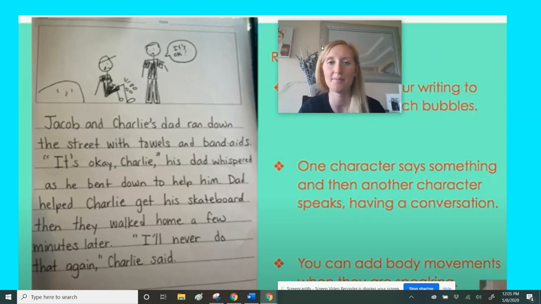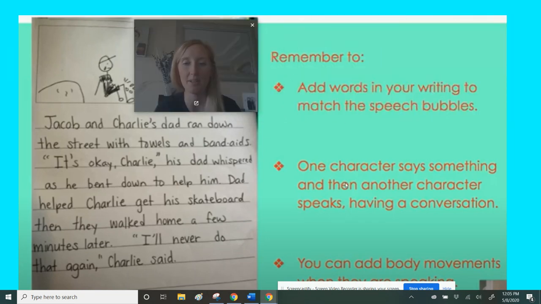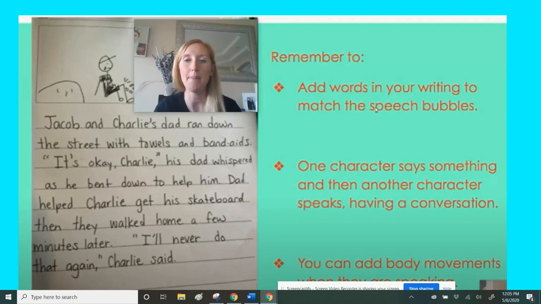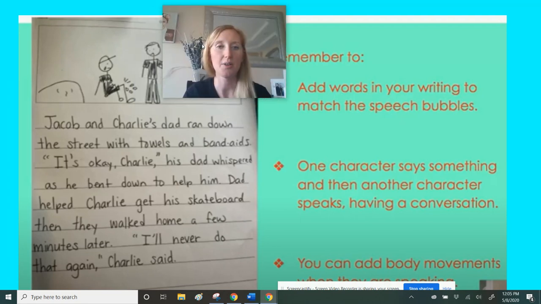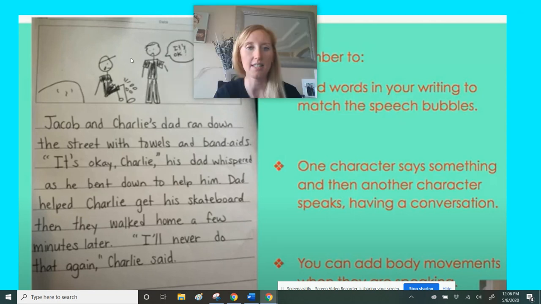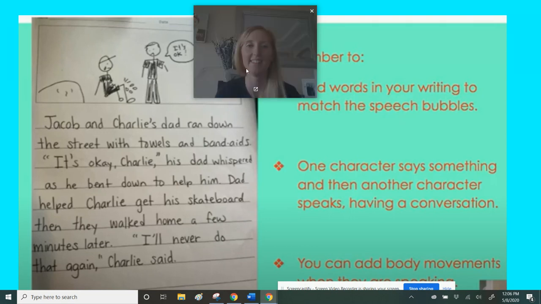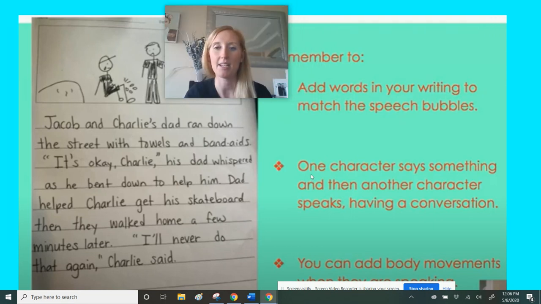So here's what we want to come away with as our teaching points today. Remember to add words in your writing that match those speech bubbles. So if the character Dad over here is saying, it's okay, then you want to make sure that that goes along with what's happening in the story. It's okay, Charlie, his dad whispered. Another thing I want to make sure you come away with is that one character says something and then another character speaks.